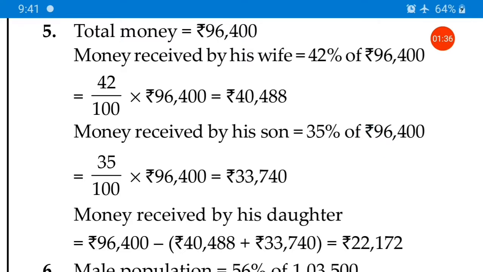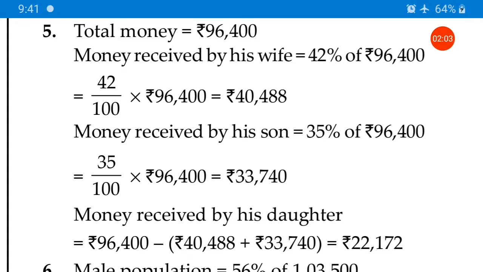Share of each person. So here the total money which is given is 96,400. Money received by his wife: he gave 42% of his 96,400. So 42% of 96,400 can be simplified.